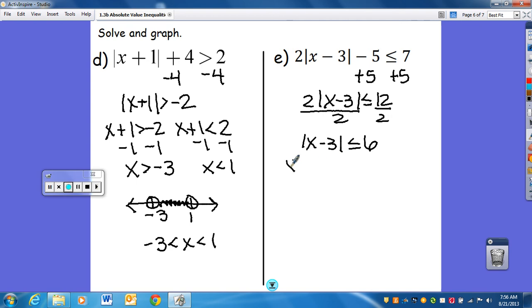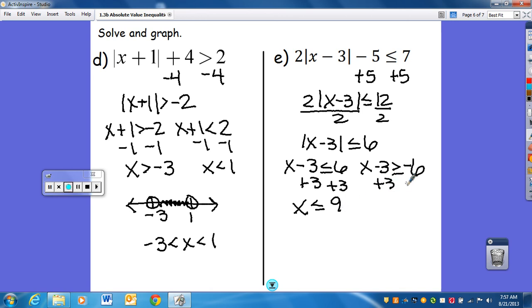Now we can set up our two situations. X minus 3 is less than or equal to 6. And x minus 3, flipping the sign, is greater than or equal to a negative 6. We'll add 3 to both sides. And so we have x is less than or equal to 9. And when we add 3 to both sides in this situation, we have x is greater than or equal to negative 3.